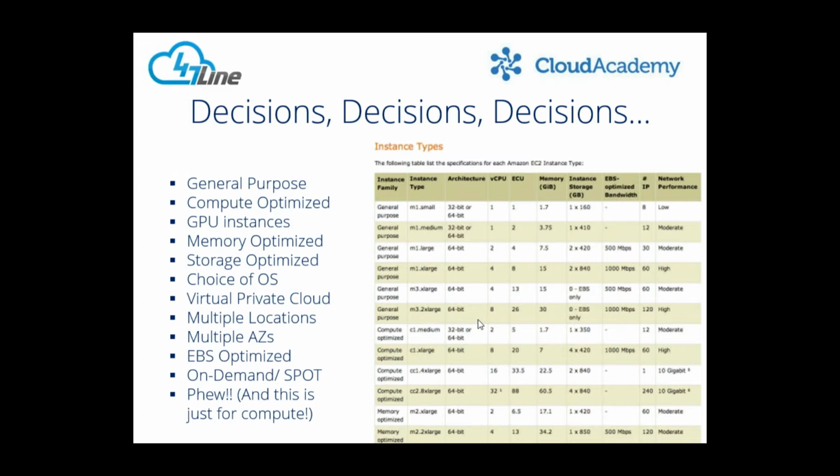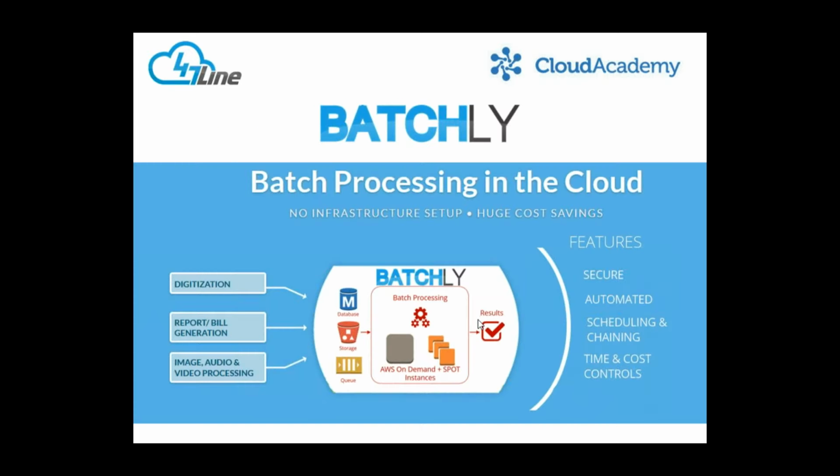To all this complexity you add spot instances, in terms of the bidding strategy and handling failures. So this is a lot of complexity. Though AWS is a great platform to handle large data sets, there is a lot of complexity for enterprises to adopt or tap into AWS, and that is where Batchly comes in.